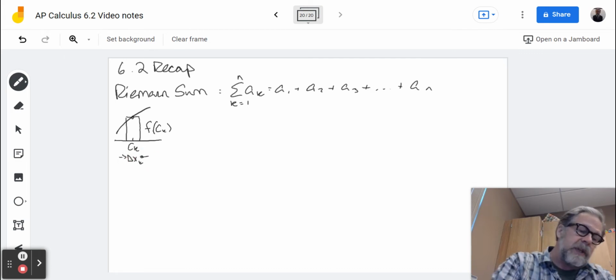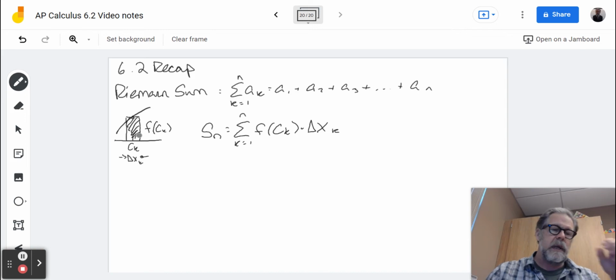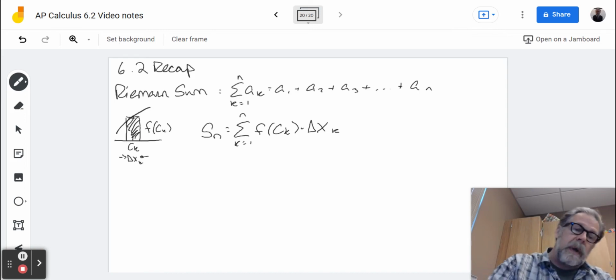And so this Riemann sum of these rectangles becomes the sum from k equals 1 to n of f of c sub k times delta x sub k, noticing the area of that rectangle is base times height.